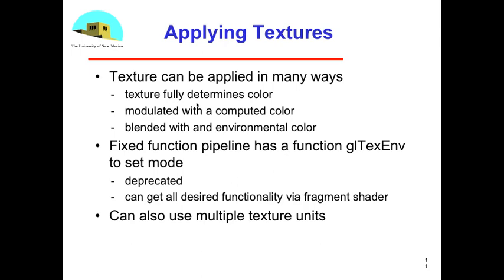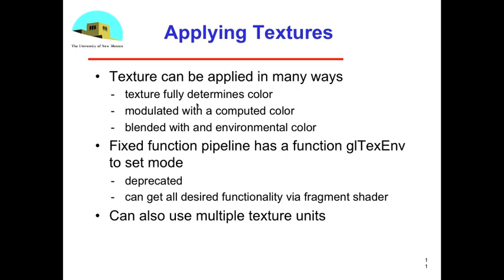You can blend it together with what's called an environmental color to give it a certain shade or feeling that can give you a certain kind of lighting effect. The modulation is often used as a way of creating effects that are more like colored glass, layers of colored glass, which we'll be talking about more when we talk about compositing sometime next week. And we could also use multiple texture units.